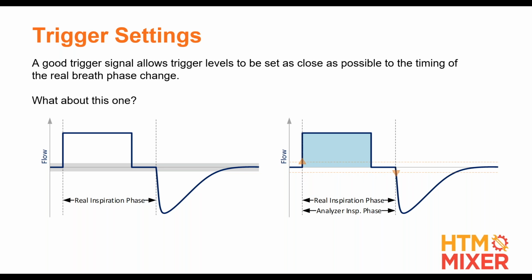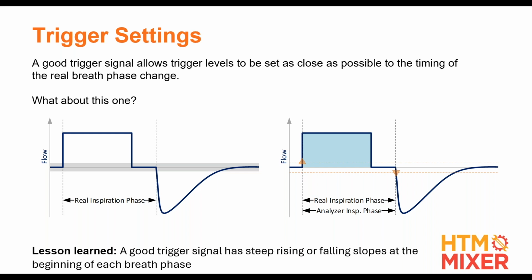We can measure that entire phase, and we don't start to declare exhalation until this point right here. So our real inspiratory phase is almost exactly the same as our analyzer measured phase. So even though it looks like a very square wave and it goes to zero for a little while, it never drops below zero until it starts the exhalation phase. So it's actually a good signal. Okay, and that's what we want. Again, we want that sharp rise, sharp fall. So a good signal has both those.